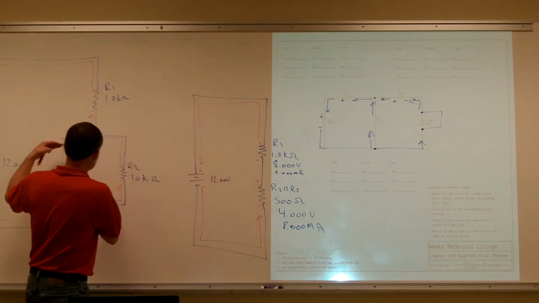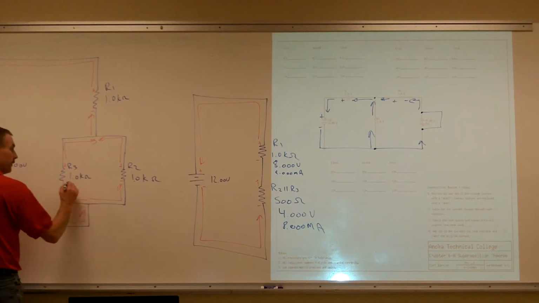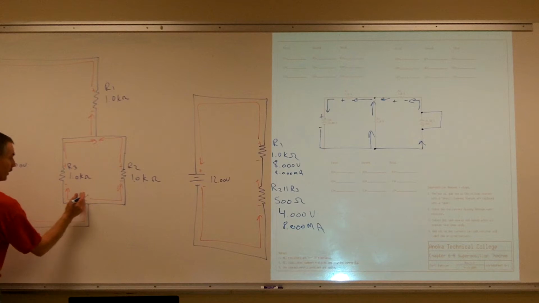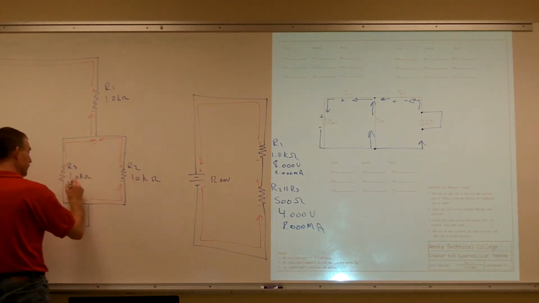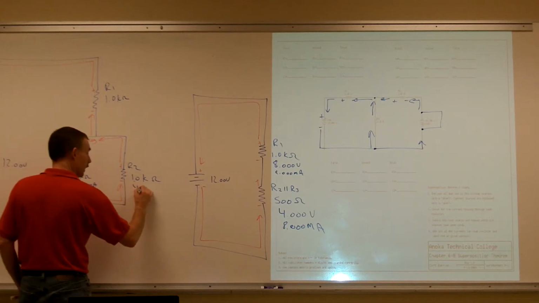Now we've got to transfer it over into our main circuit. So how much current is going to be going through R3? 4 milliamps. Half the current, because all our current goes through R1, and then it's going to branch off. Since the resistances are equal, we can do 4 milliamps across each one.